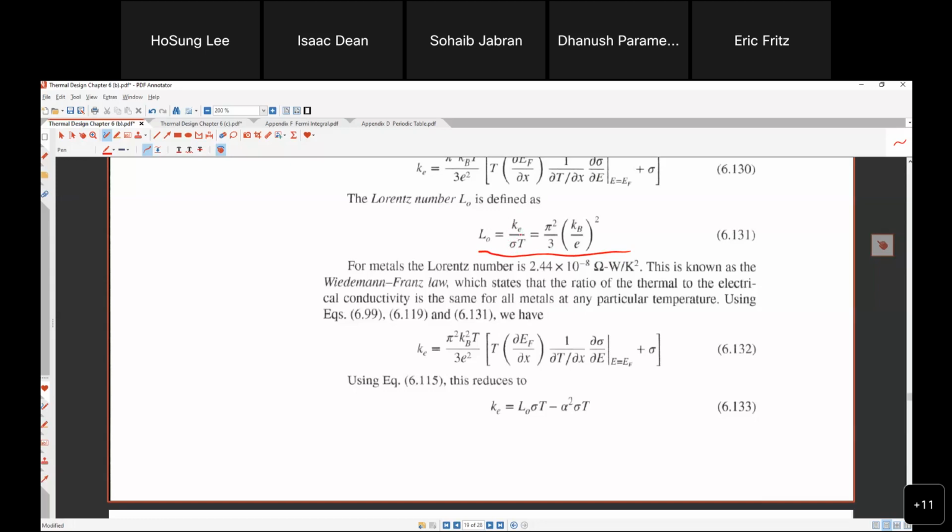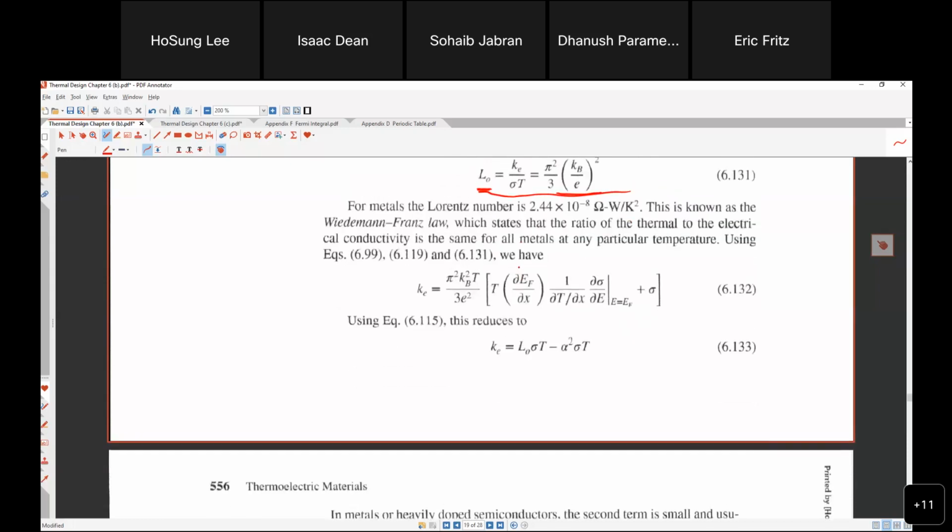That's very important. T is constant. So the Lorentz number, if we increase the electrical conductivity, it automatically increases because it's a constant. Look at that. Everything is constant, turns out, the Lorentz number.